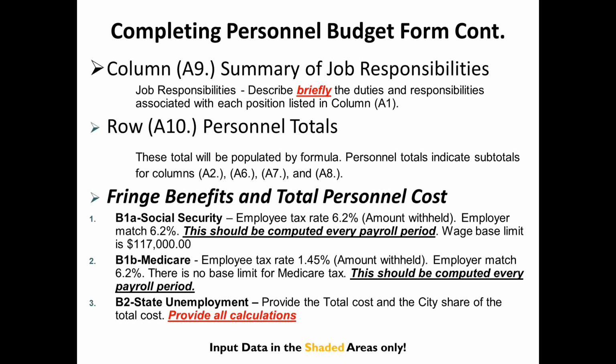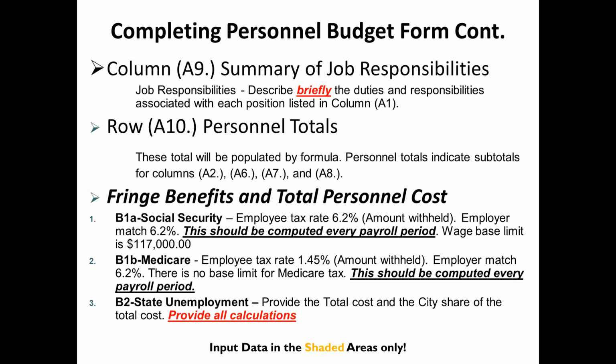So if we have a total cost of personnel of $100 and we are charging zero of that $100 to the city share, then we can charge zero fringe benefits to the city share. If we have a $100 payroll and we're charging $50 of that payroll to the city share, then we can charge 50% of the fringe benefits associated with these positions to the city share. Okay? So that's important to note. You can always charge less, but you can never charge more.